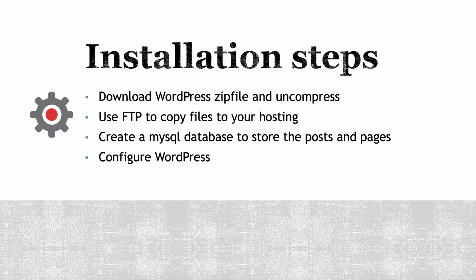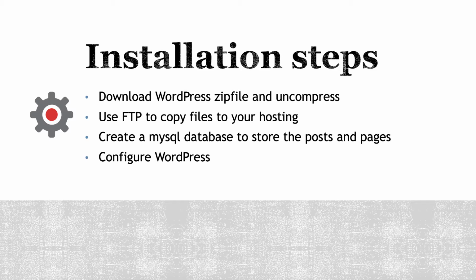And there's really 4 steps that you need. First, you'll download the file from wordpress.org and uncompress it on your computer. And then you'll use FTP, so you'll need to copy those files onto the server that's hosting the website. Then you'll need to create a database that's going to store your pages and posts and the other configuration for the site.